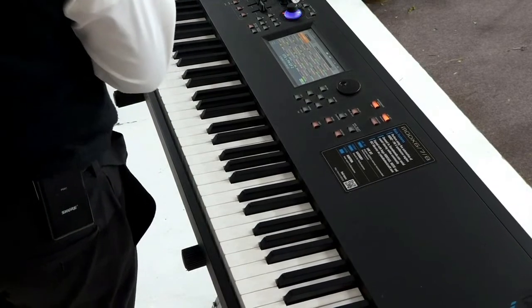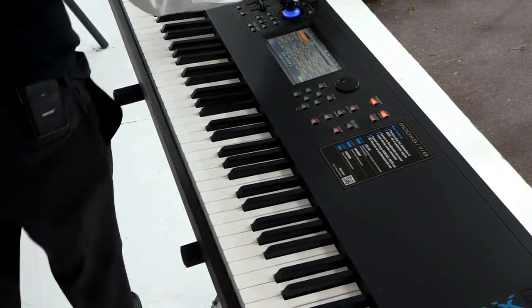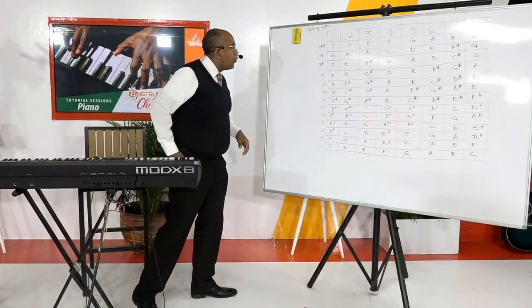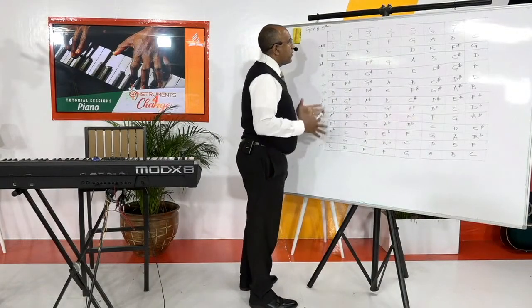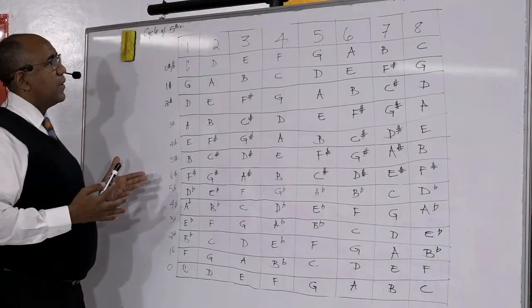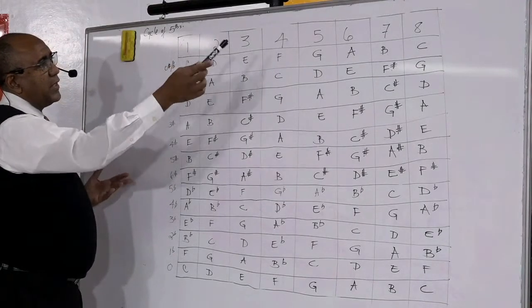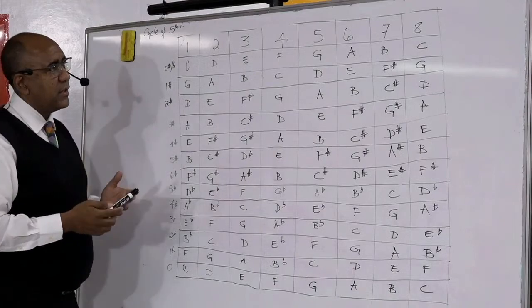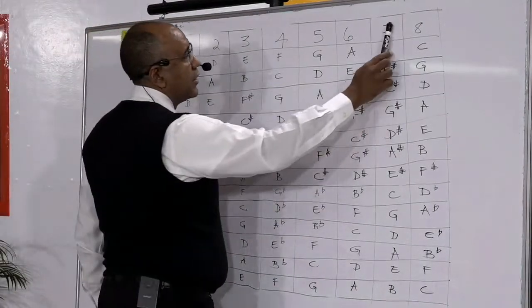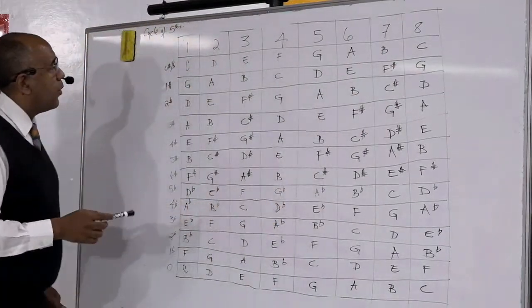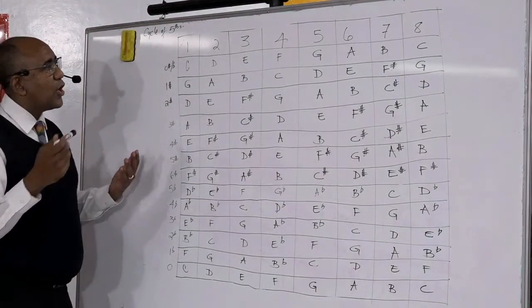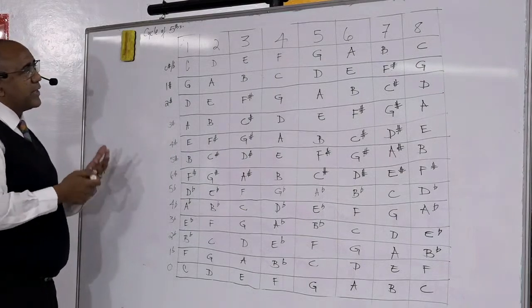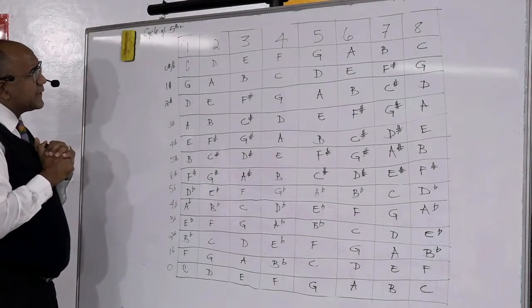Now, why is this important? Remember, when we look at each of our scales, we have 8 different degrees. For now, we are going to ignore the last 2, but we are going to look at the chords that come with these scales.